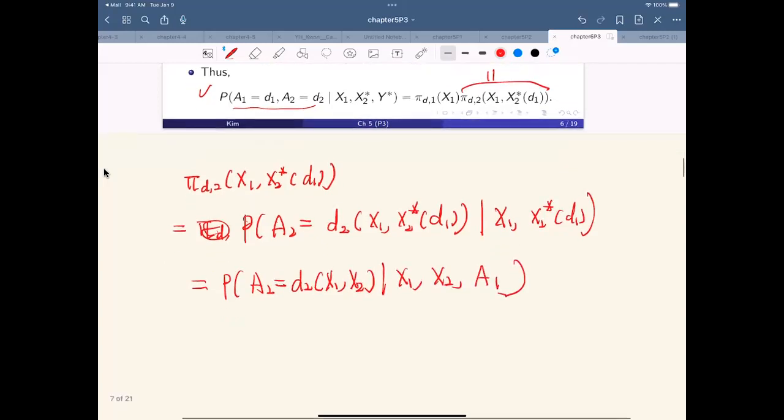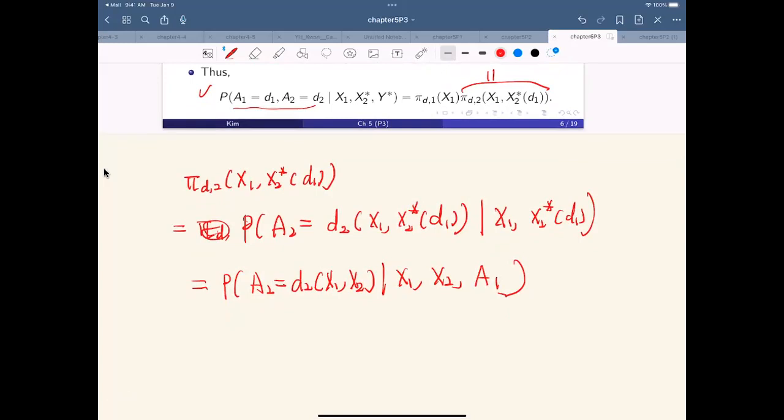When you write something like X2 star of D1 in parentheses, is that saying it's for a decision that we know, not a random decision or something unknown? So it's a fixed function of X1, X2.